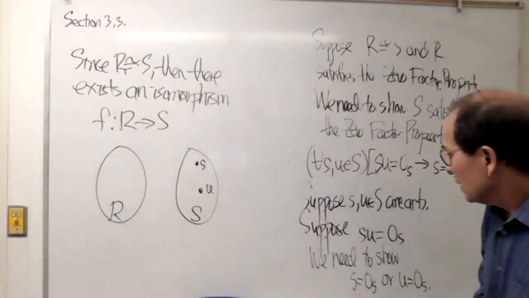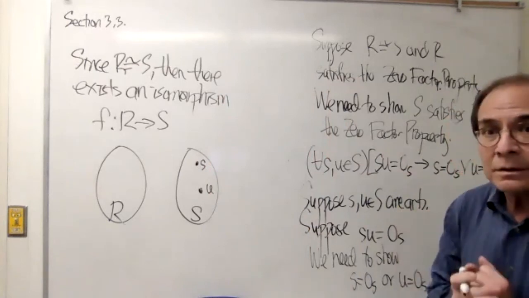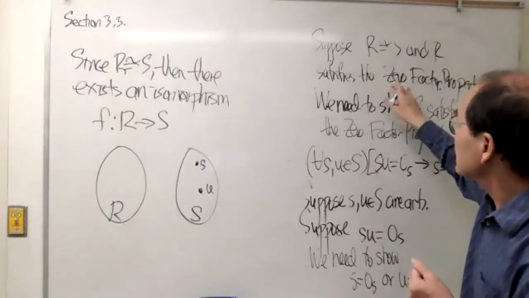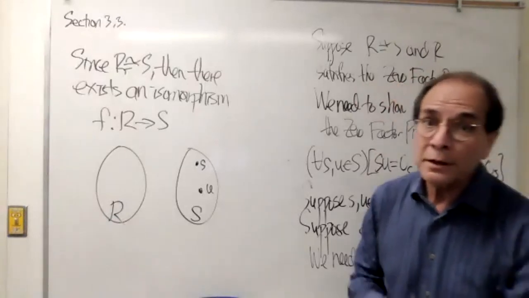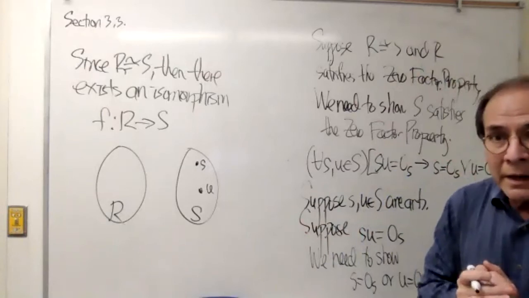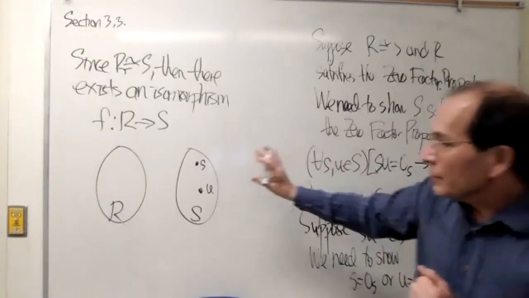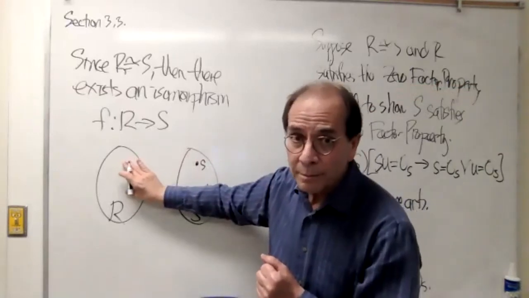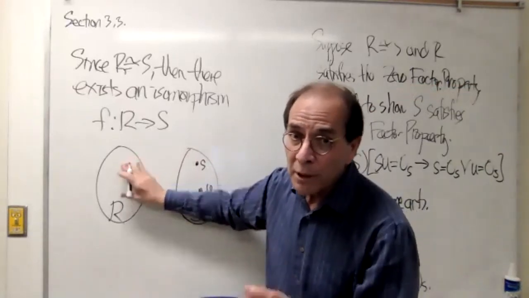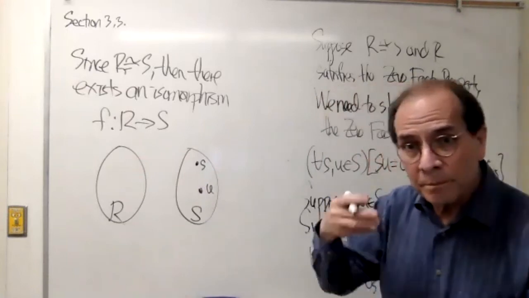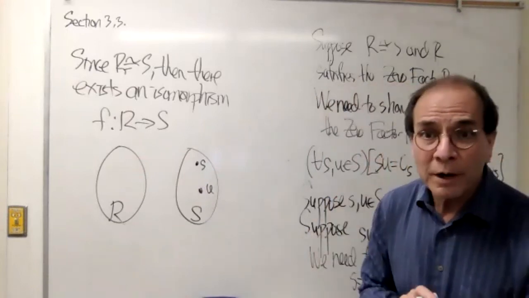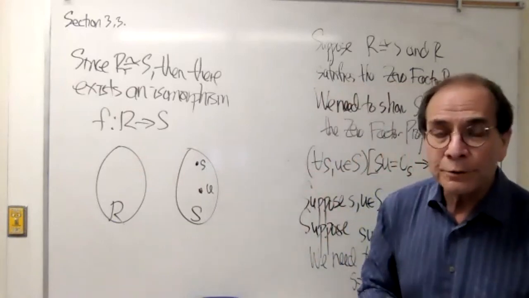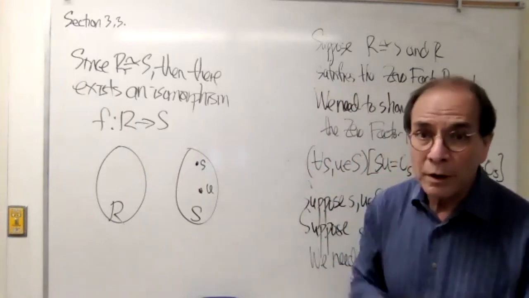And then you've got to somehow get the other hypothesis, that R satisfies the zero factor property, involved. You've got these elements in S, and you want to somehow get elements in R over here. Then you can apply the fact that R satisfies the zero factor property to these elements in R. The fact that f is an isomorphism tells you it's injective and surjective, and it's also a homomorphism.